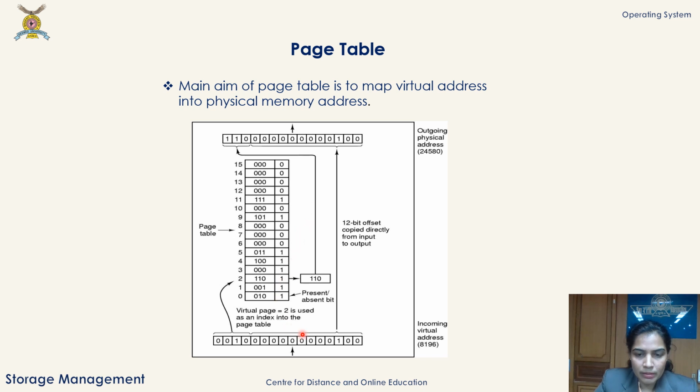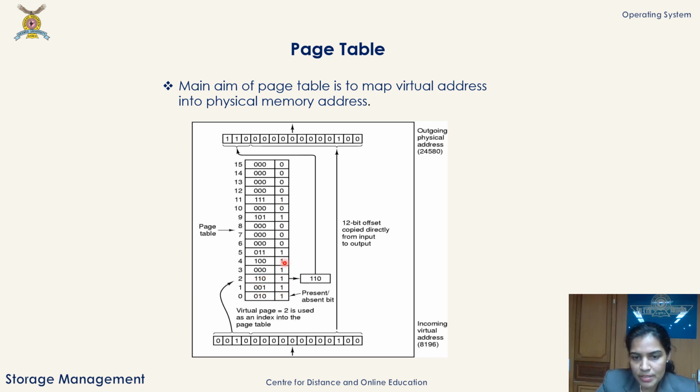Here you can see with the help of a diagram how this virtual address is converted into the physical address. 8196 is converted to the binary format, a 16-bit number. These 4 bits will be an entry point to the page table. Now 0010 means 2. With this entry we get a physical address as 110.